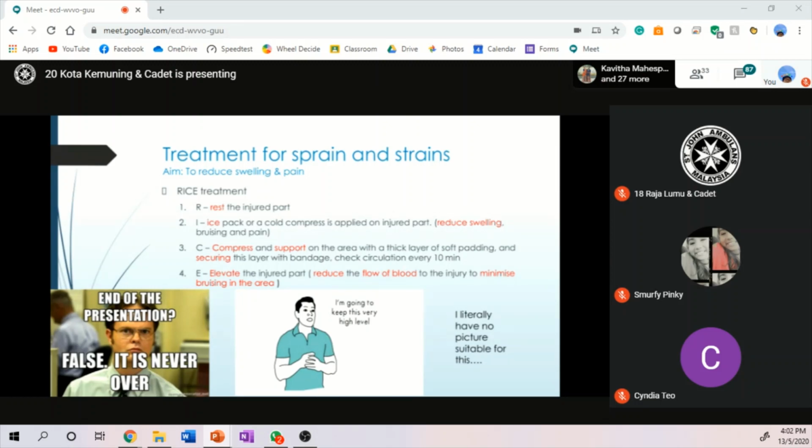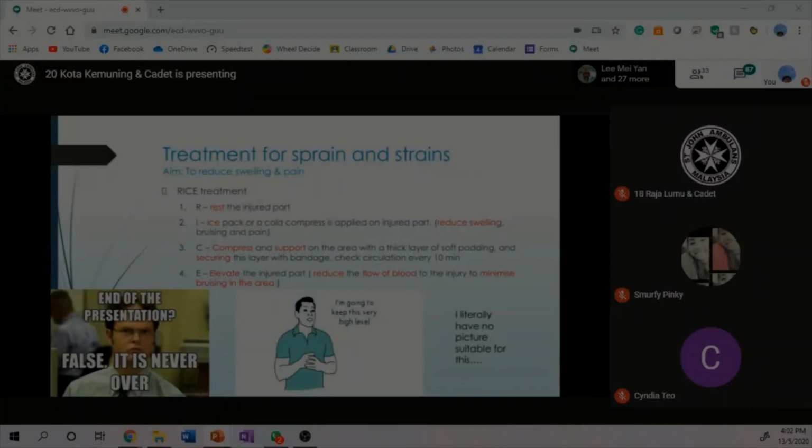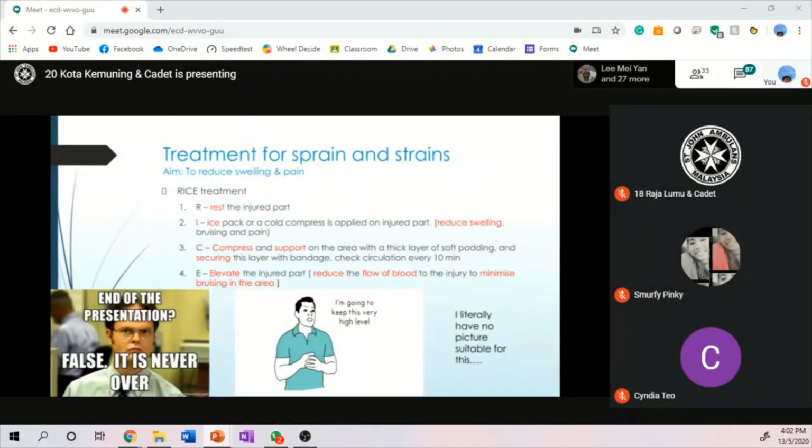Compress and support the area, same as the rest. When you are suffering a sprain, you need to compress and support the injured area, so it won't move here, move there. Something the same as rest, the R.